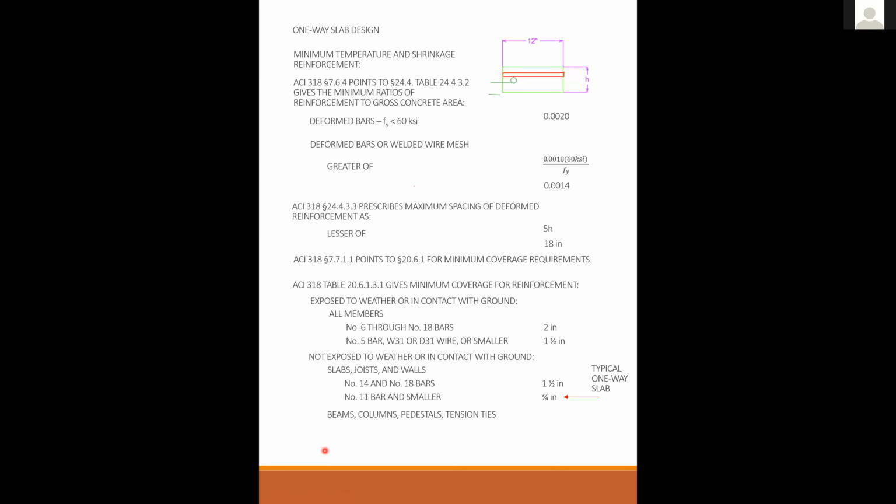If you have beams, columns, pedestals, tension ties, and we're talking about the primary reinforcement, stirrups, ties, spirals, and hoops, then you need 1.5 inch cover. And by the way, we're just discussing beams, and I said that side cover is usually 1.5 inches. Here's why. That's where it says that it should be 1.5 inches.